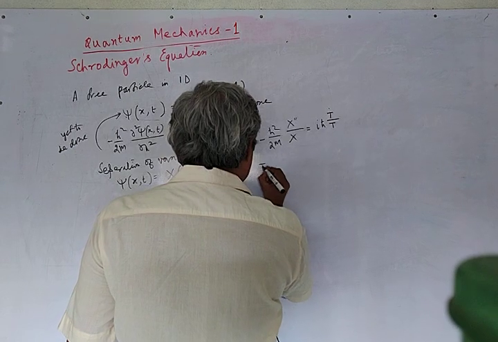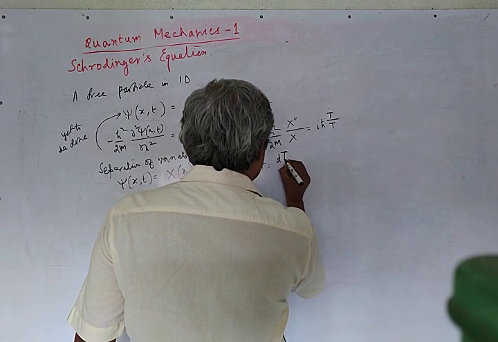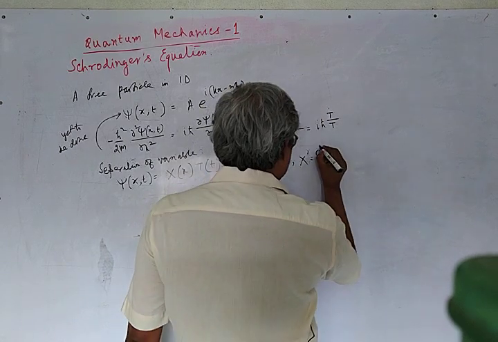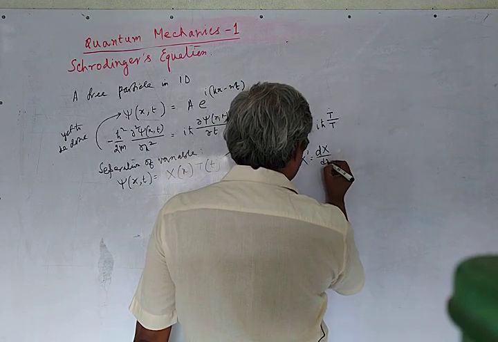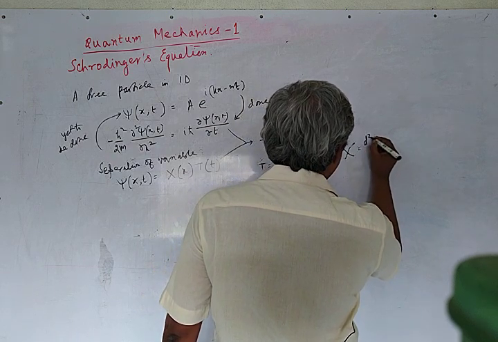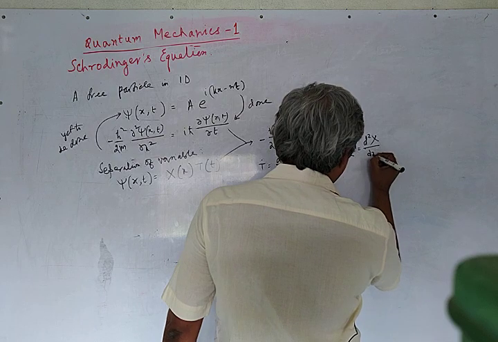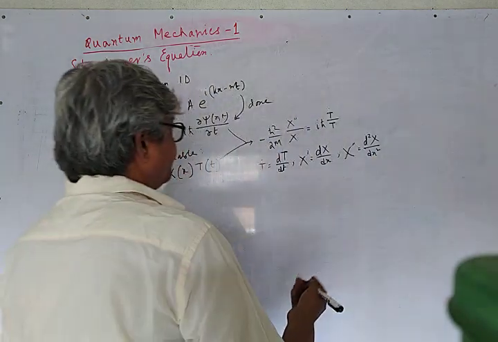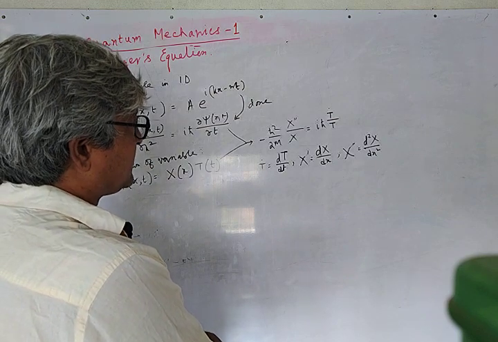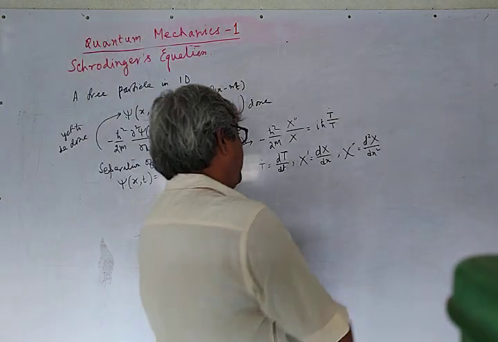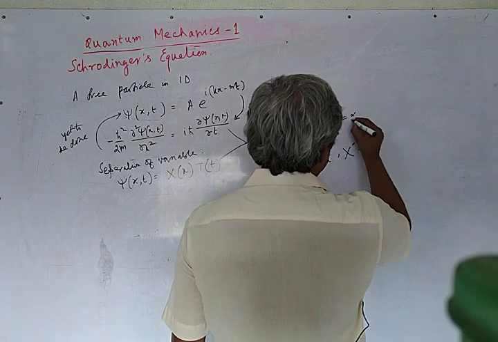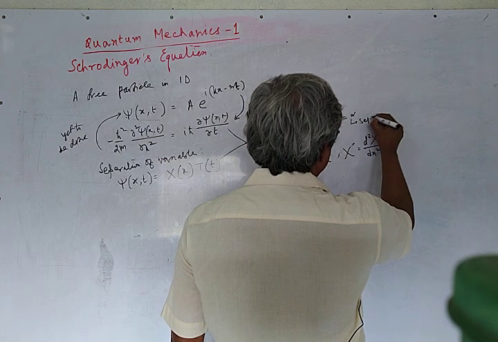here we have used T dot and X prime. The left hand side is a function of space only and the right hand side is a function of t only. So we equate it to a separation constant. This is the separation constant.